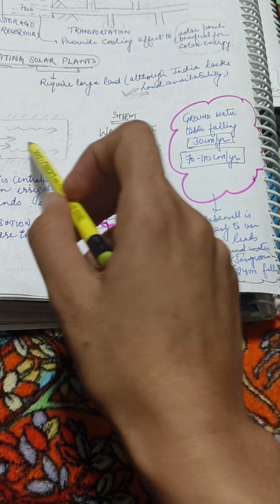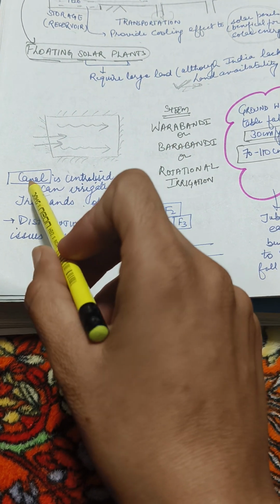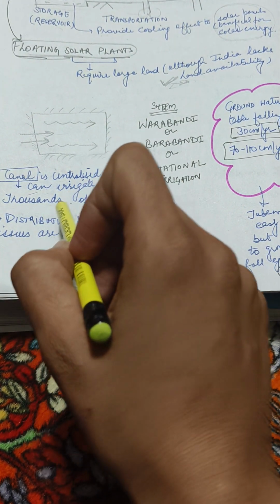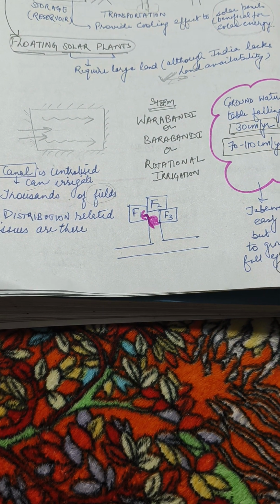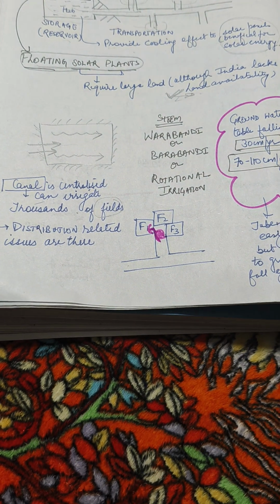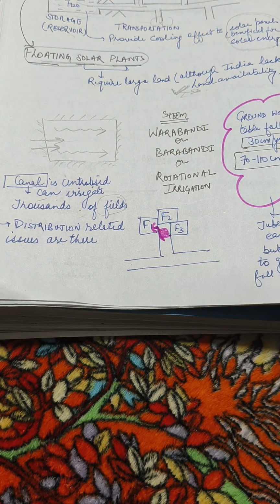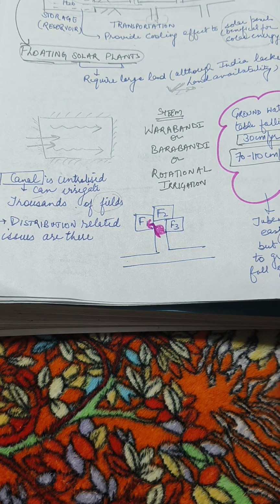Now there is a diagram where we see that a centralized canal can irrigate thousands of fields. If the canal is centralized, then we can easily distribute to a large area. The distribution related issues are also highlighted in it.